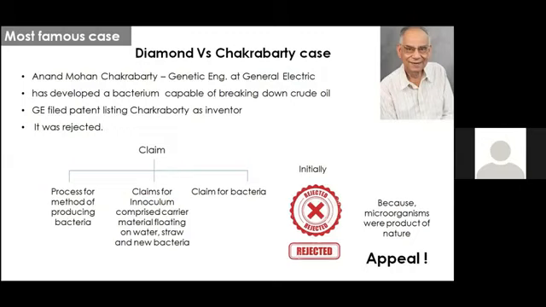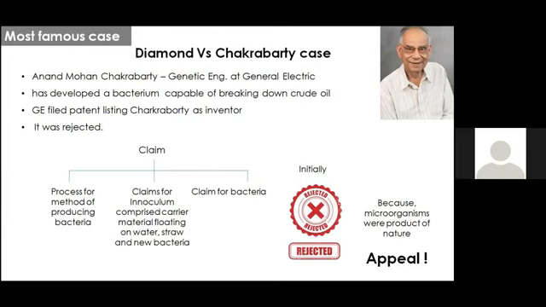Close to 5 to 10 years earlier, a major oil spill had happened on the coast of America, and from there he jumped into the idea of developing microbes capable of breaking down crude oil.